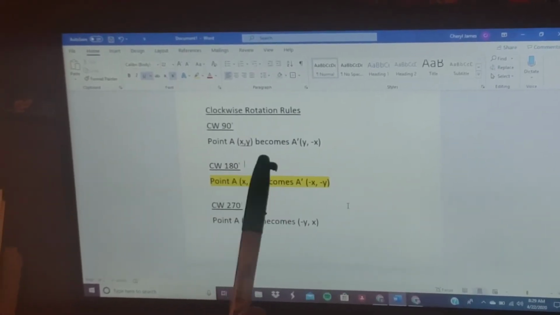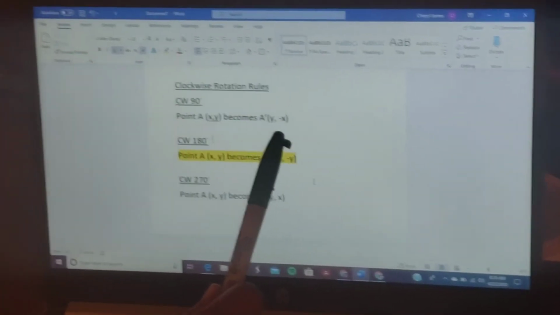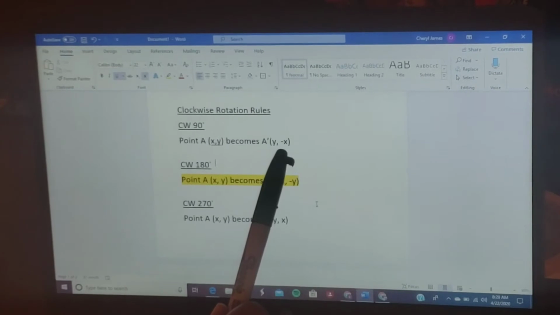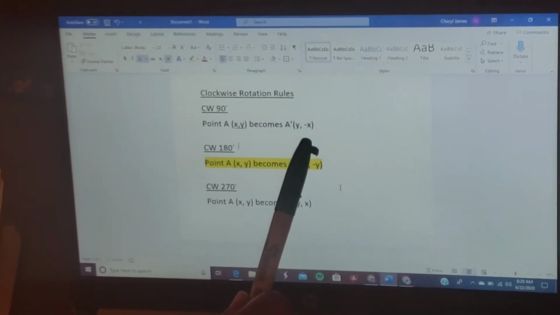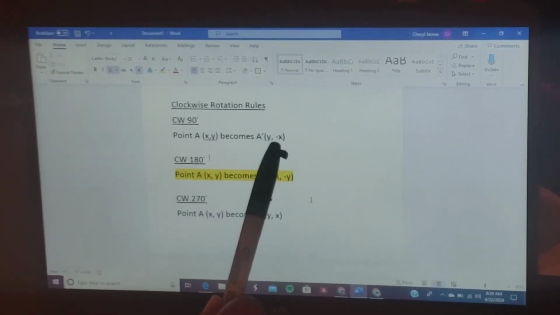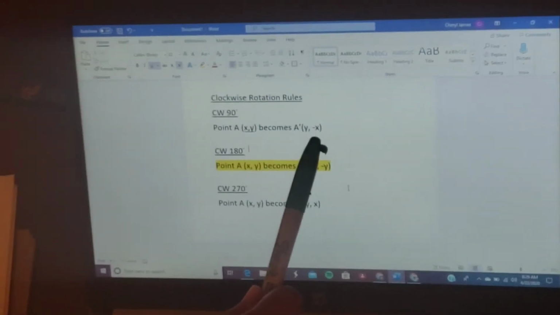So switch places with the x and y, y is first, and then x is written second, and whatever sign x is, it becomes the opposite sign. That's why I said you need to say opposite instead of negative x, because if it's already negative, it will become positive. So that little line means opposite of x.